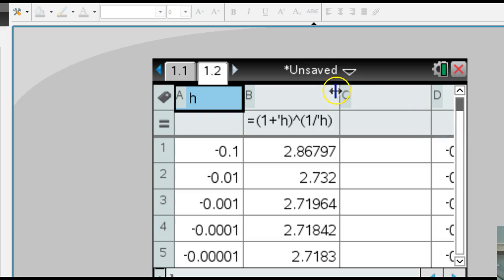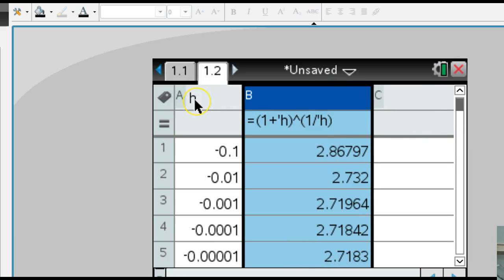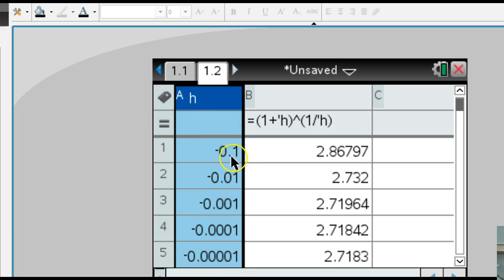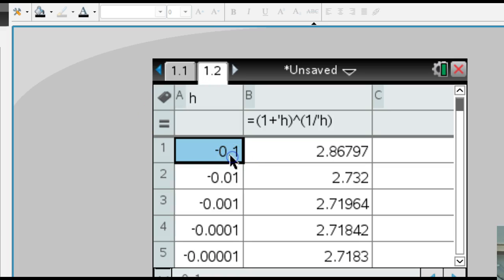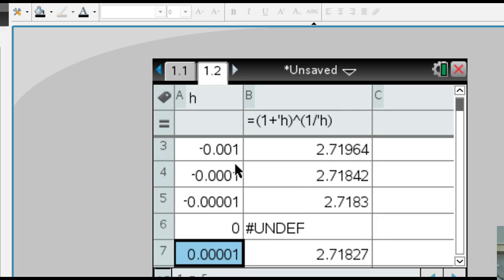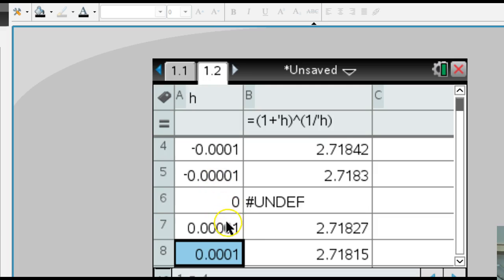So here we have our h being really close to 0, going from a bigger negative number to a small negative number, to 0, and then going from very small positive to large.